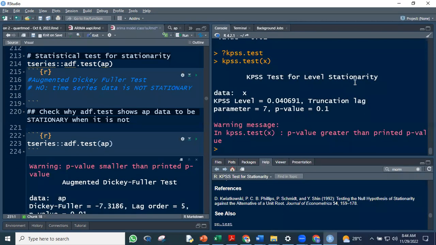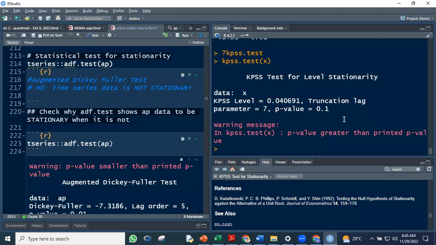Okay. So what does this tell us, guys? KPSS test for level stationarity. So the p-value is 0.1. So ano ibig sabihin ng 0.1 na yan? We fail to reject, di ba?